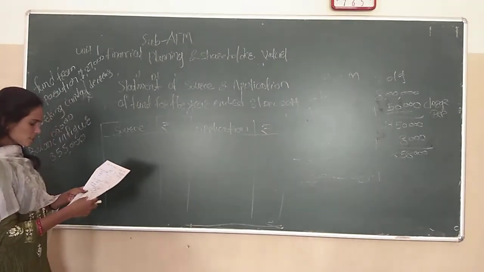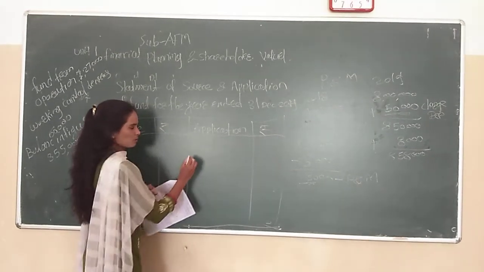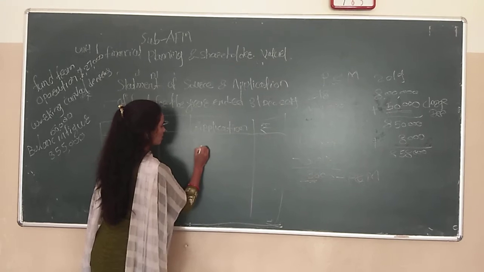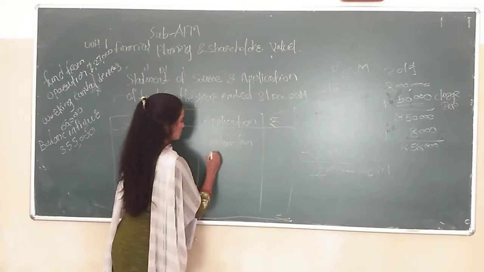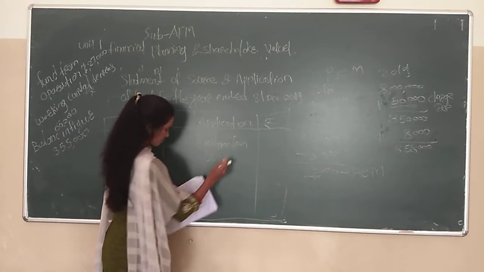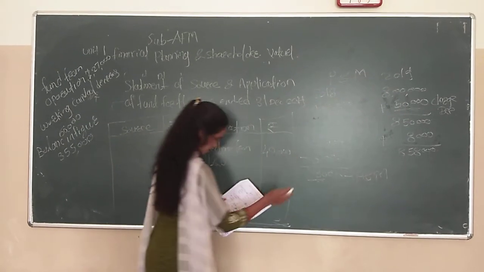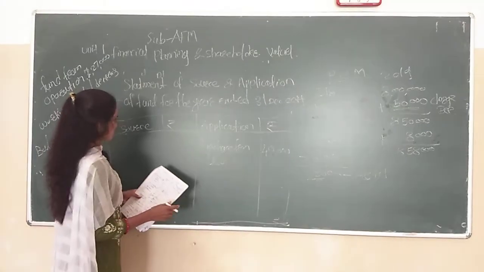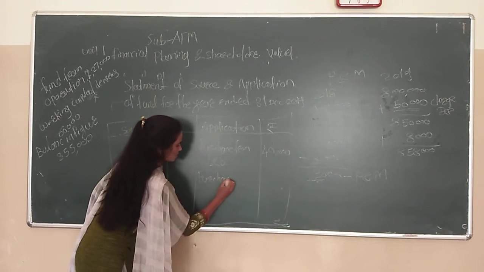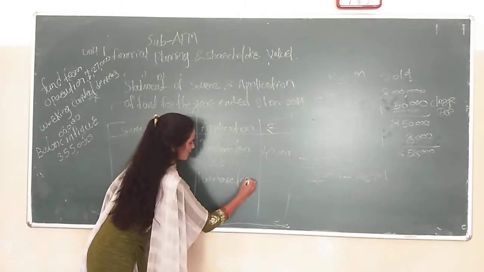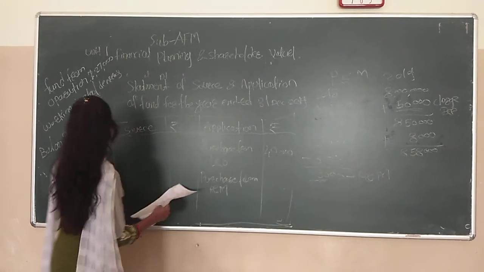Okay. Purchase of land and building: show the balance sheet 2018 and 2019, from land and building 40,000. And purchase of plant and machinery 3,55,000.